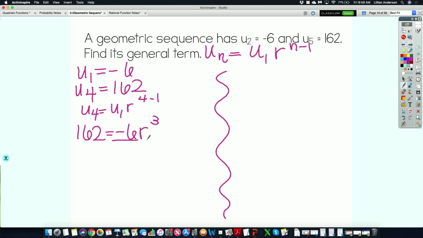Divide by -6, and then find the cube root of 162 divided by -6. What is 162 divided by -6? -27. So then I would need to take the cube root of -27, and I can take cube roots of negative numbers. What number times itself 3 times gives you -27? -3.